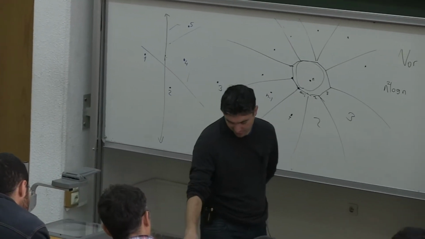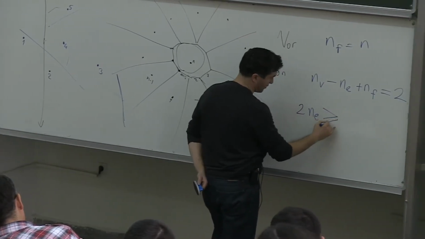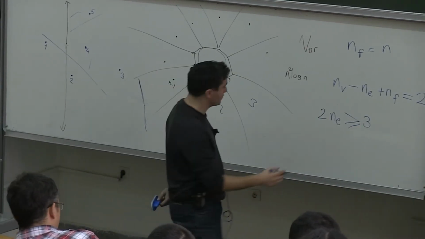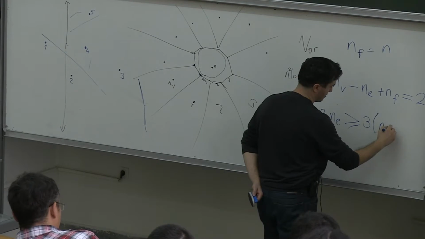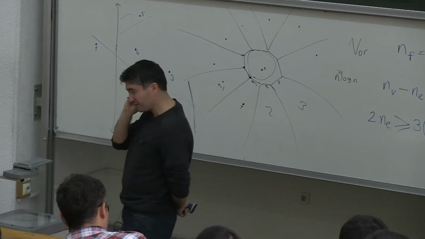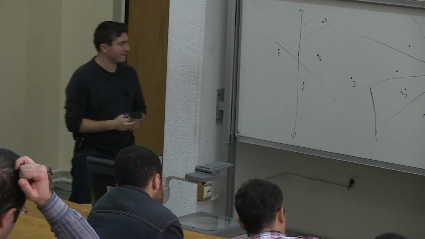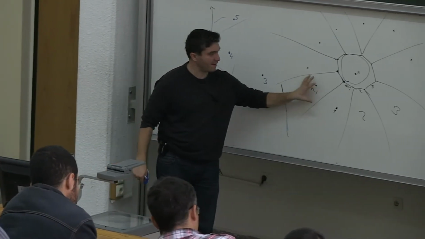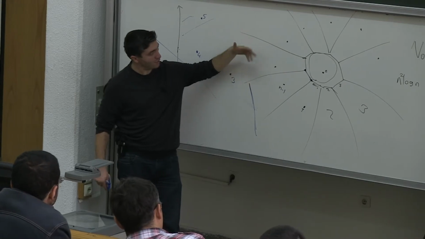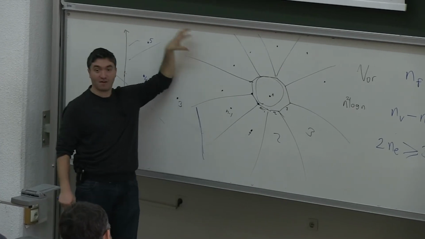So this gives us 2 times the number of edges is greater than or equal to 3 times the number of vertices plus 1. And this plus 1 actually comes from the fact that in order to apply Euler's formula, it does not apply to unbounded faces.